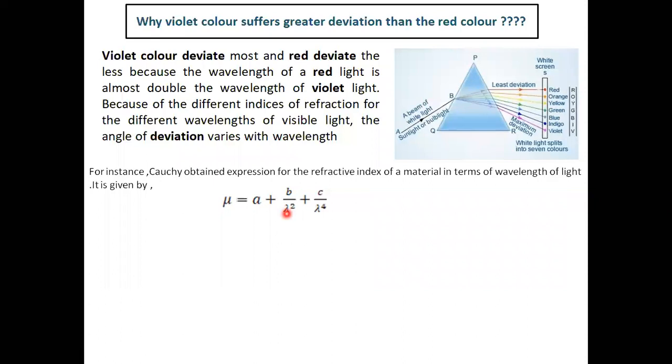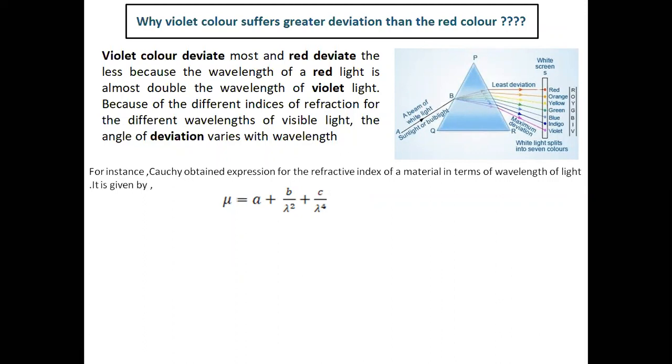But if we talk about the refractive index of water for red color, it is 1.33. For blue, the answer is a little closer: the refractive index of water for blue is 1.34. So for different colors, we have different refractive index values.